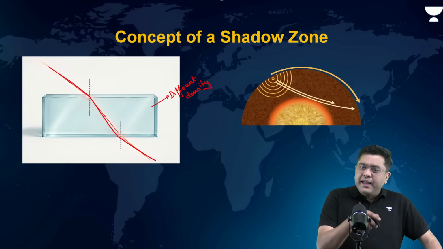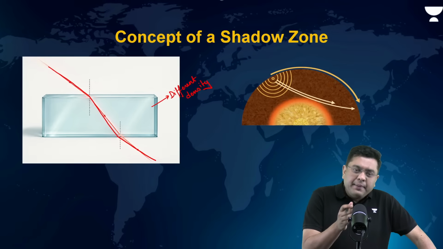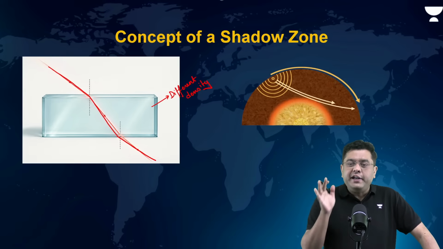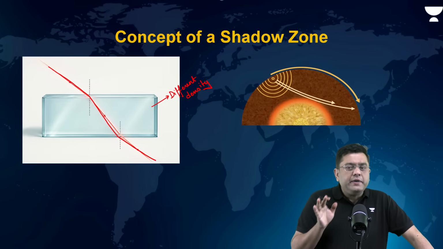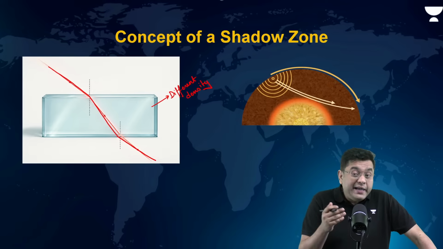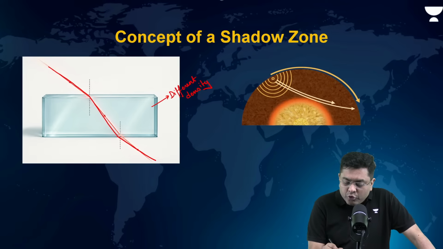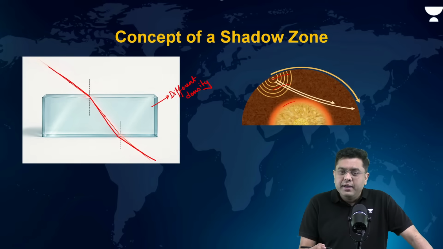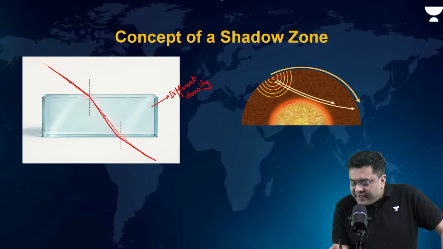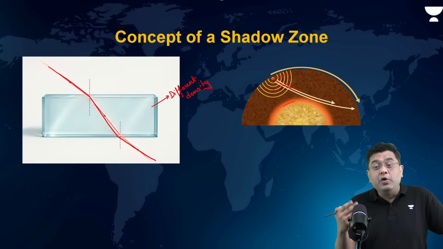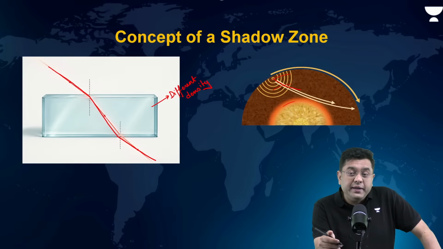So, when any energy comes across materials of different density, its speed changes and it bends. In the interior of planet Earth also, when you go from the crust to the mantle to the core, within that also the density changes. So, as it travels, it encounters materials of different density.